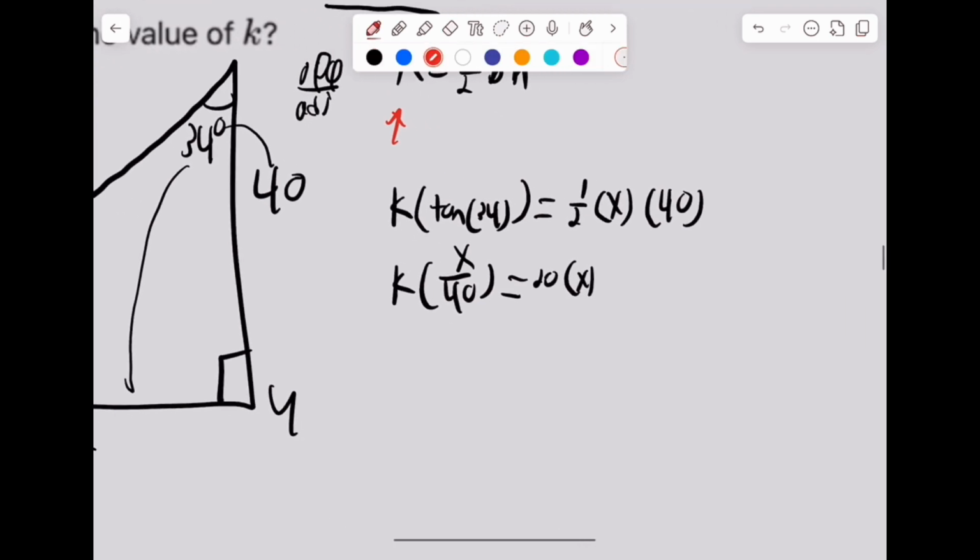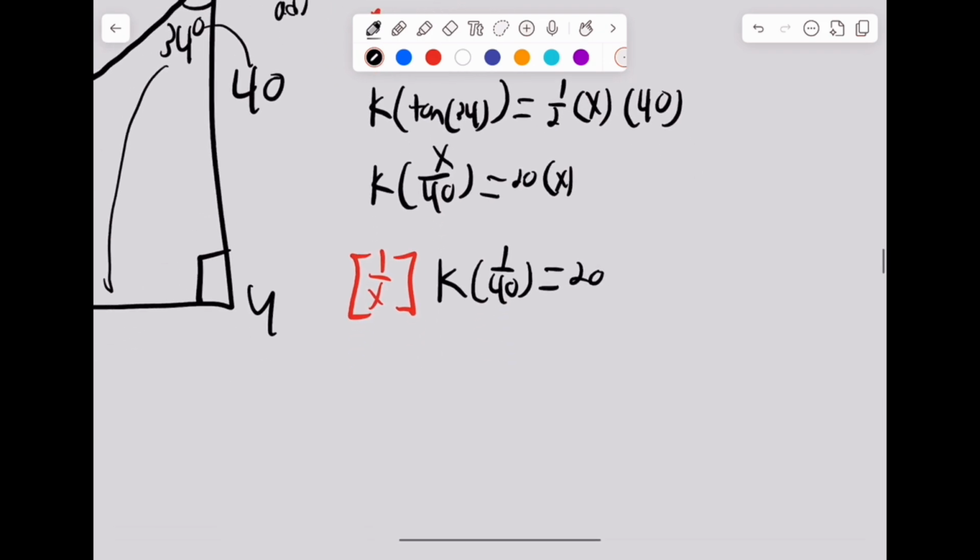Then, if we multiply by the reciprocal, 1 over x, to cancel out our x's, we get K of 1 over 40 is equal to 20. And then, once we multiply the 40 on both sides, we get 40 times 20, which is just 800.